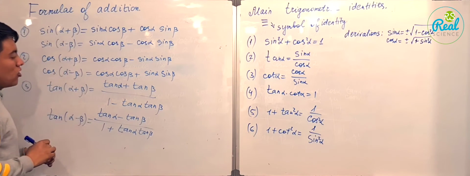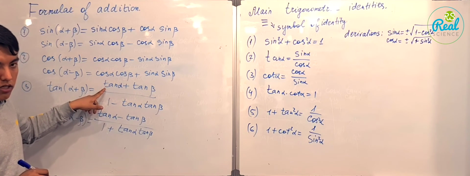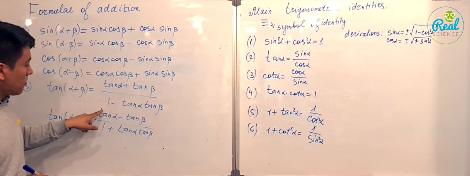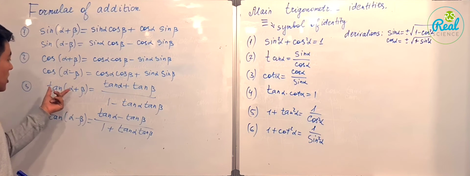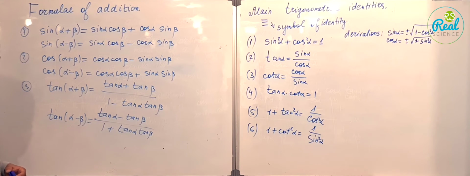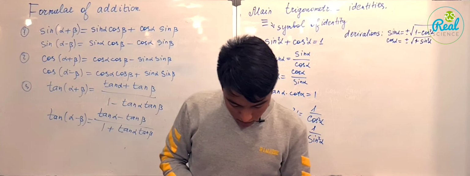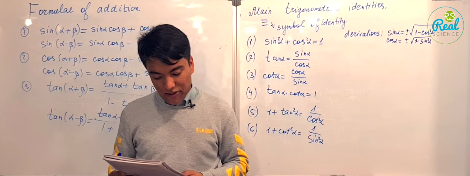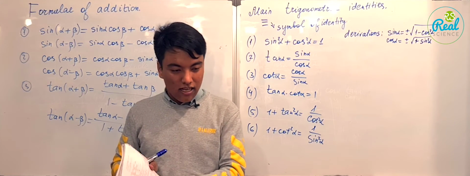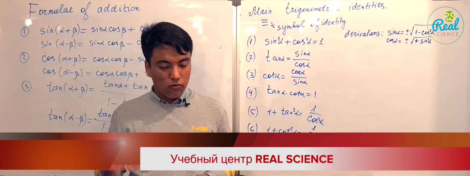You may put, instead of tangent, 1 over cotan alpha and 1 over cotan beta. Then you will find cotan alpha plus beta. That's it. Okay? In your book it was also given like this; they put just 1 over. That's it.